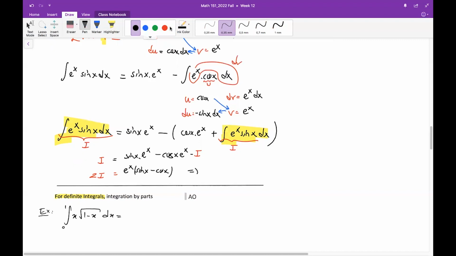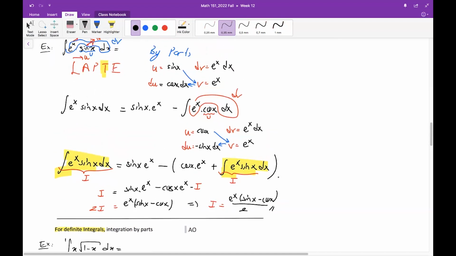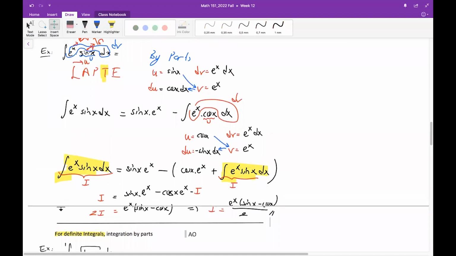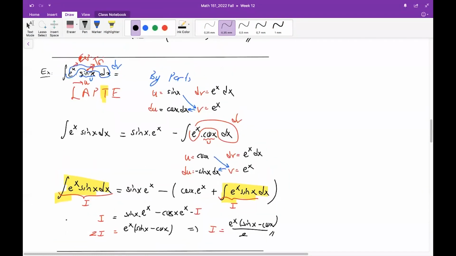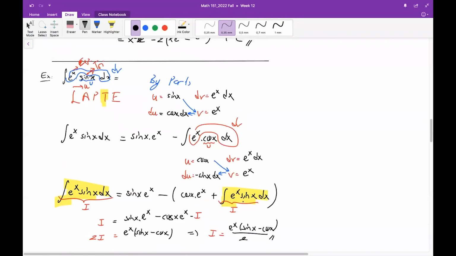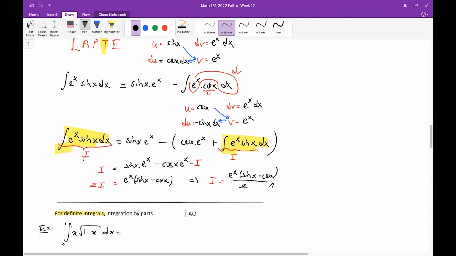From here, the original problem, which you denote as I, is solved as this expression divided by 2. Okay, so sometimes while applying integration by parts, the original question may appear in your solution, but that's not something bad because you can just take every I to the left-hand side and solve for it.